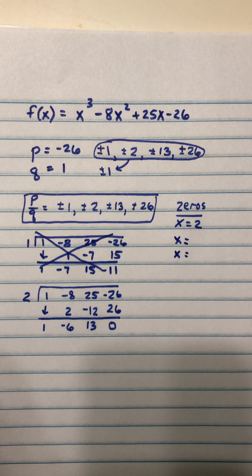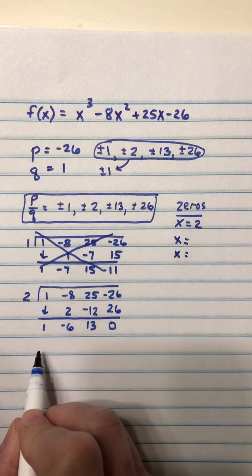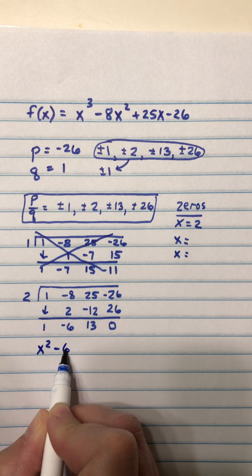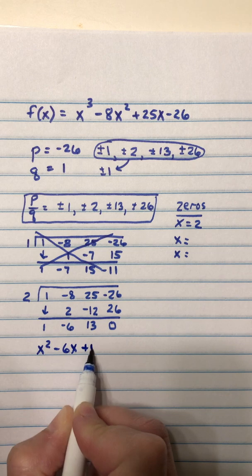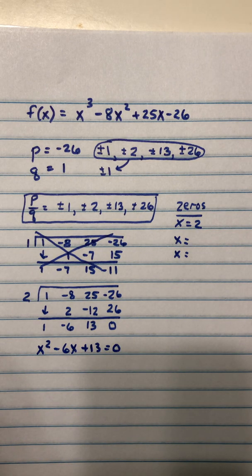And so what I'm going to do, since I started with an x to the third, I know that I'm now down to an x squared. I'm going to put those x's back in. So I'm going to have 1x squared minus 6x plus 13 is equal to 0. So as soon as you get it to a quadratic, you can go ahead and put the x's back in and look at solving.